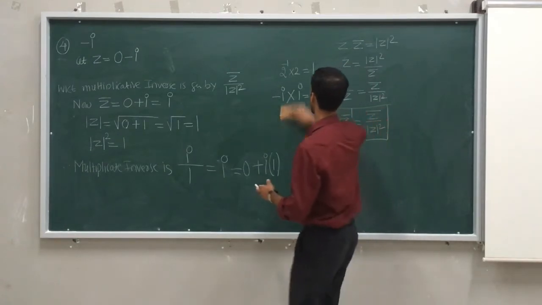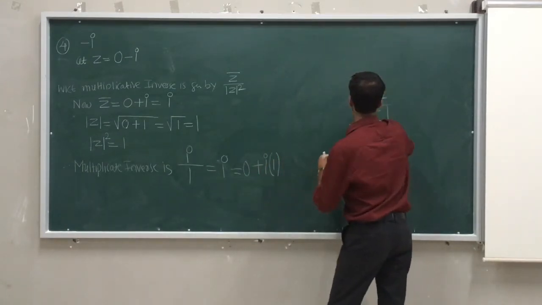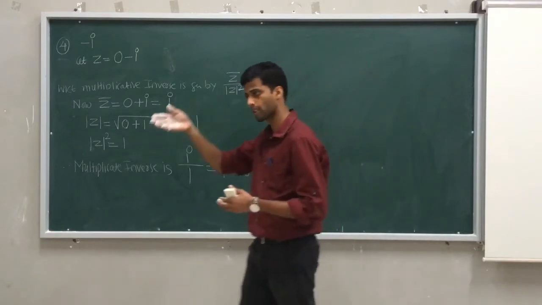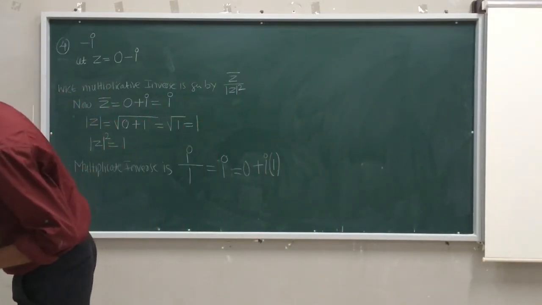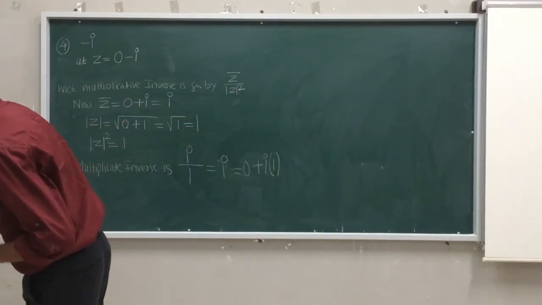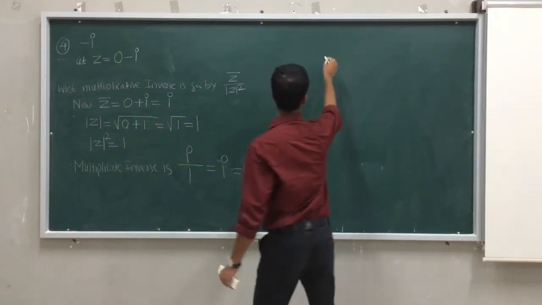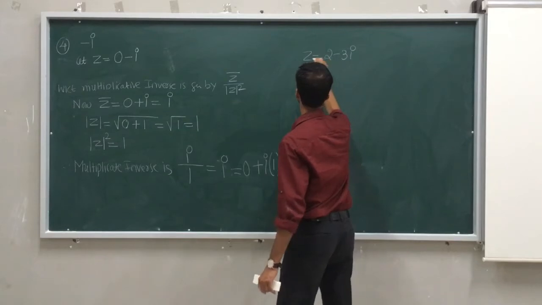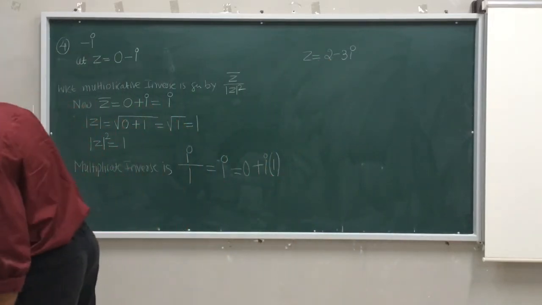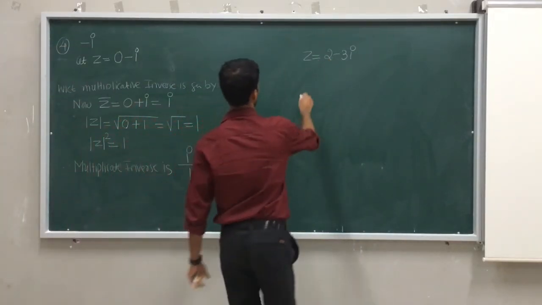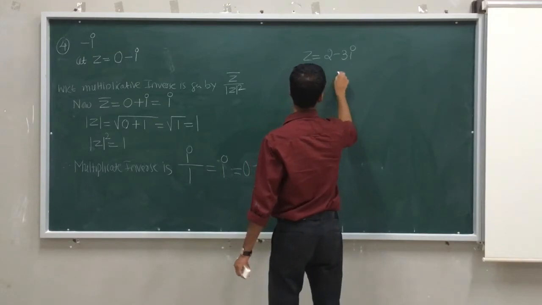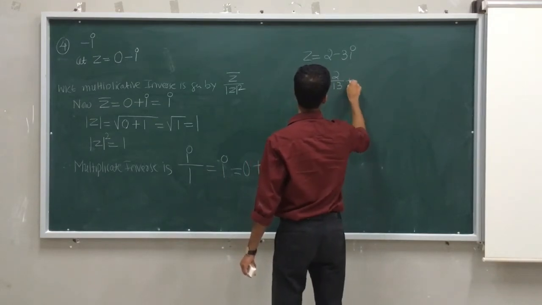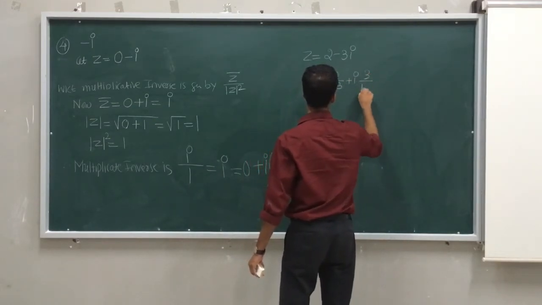If you check for the previous case, let me take one question. I have forgotten to give you the demo based on it. Just now I saw one question: the multiplicative inverse of 2 minus 3i. So what answer did I get for the multiplicative inverse? The answer I got is z inverse equal to 2 by 13 plus i times 3 by 13, right?